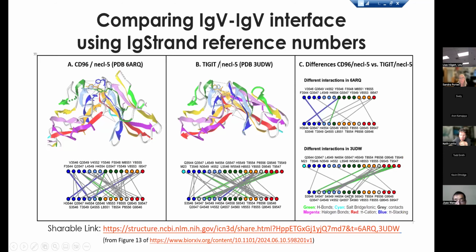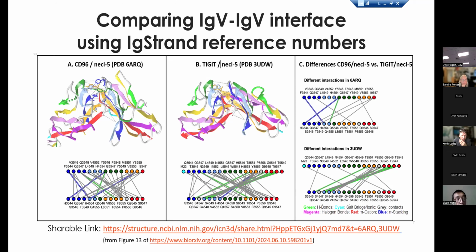This is a little bit of a complicated slide. Basically, you can compare IG domains in different structures using the IG reference numbers. For example, the left part shows the IG interactions, and the middle part also shows IG interactions in another protein, and they have different residue numbers.